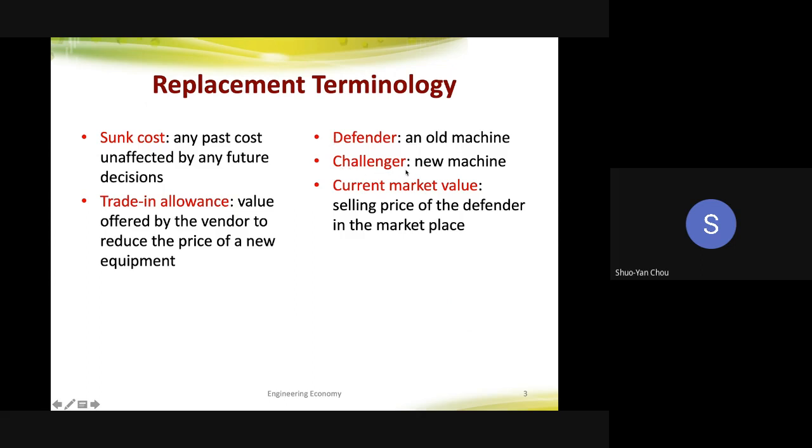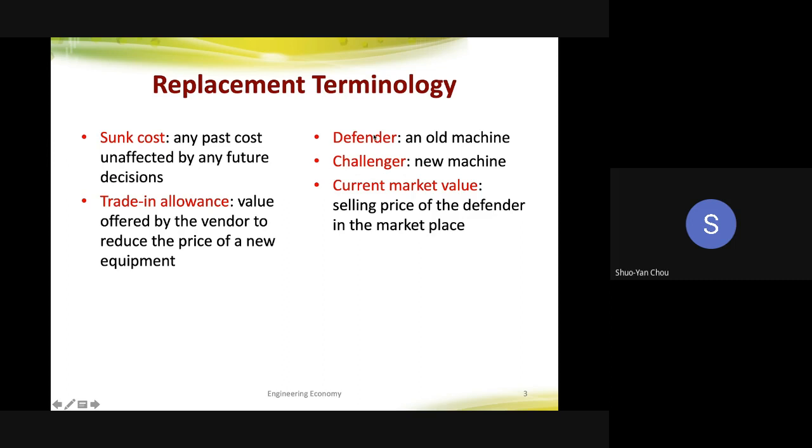The Challenger is the replacing one, and the Defender is the replaced one. We will use the Challenger to replace the Defender, whether or not we want to do that. And the current market value is the Defender's current market value, its selling price.